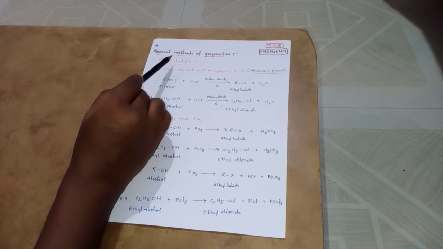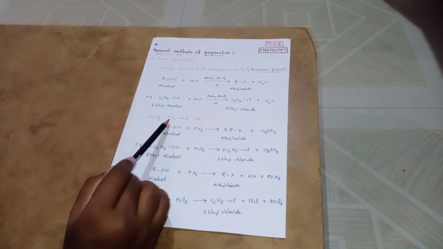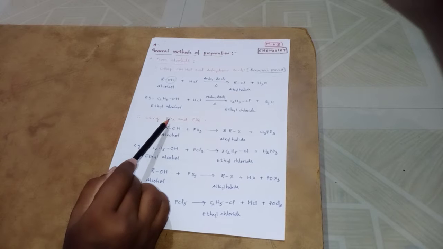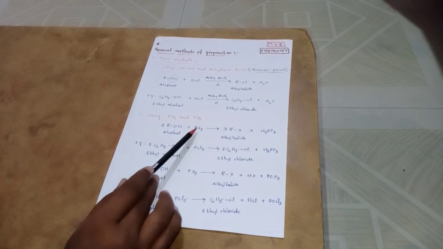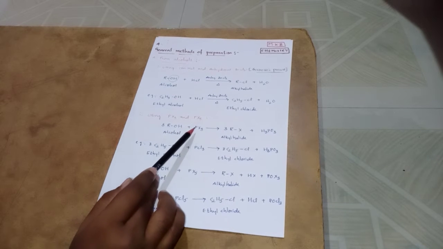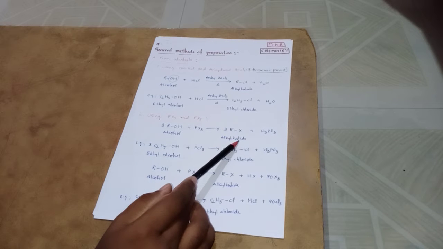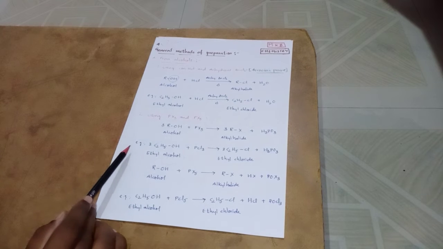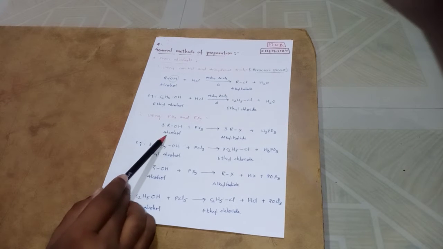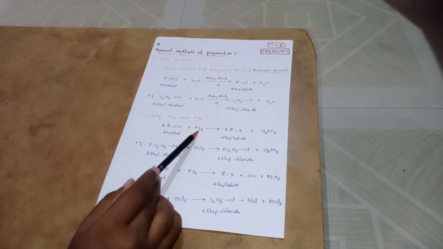Again, the same alcohol can be used with other reagents like phosphorus halides. The phosphorus halides may be trihalide or pentahalide. With trihalide, alcohols react with the phosphorus trihalide to give an alkyl halide. As a byproduct, we get phosphorus acid. ROH is the general formula of alcohol, PX3 is the general formula of phosphorus trihalide.